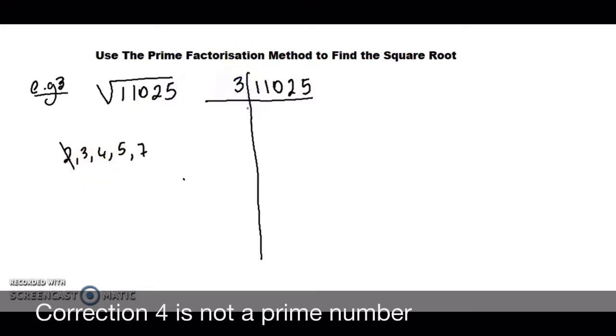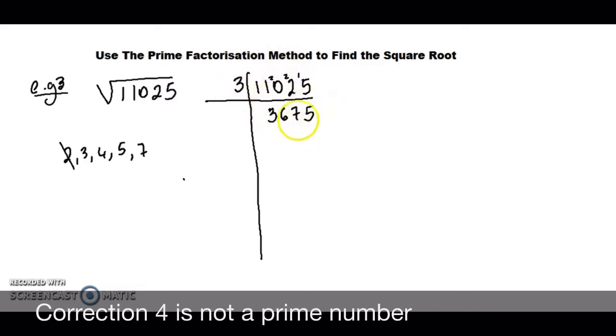So here we're going to go ahead and start our division. 3 into 11 would go 3 times with a remainder of 2. 3 into 20, 6 times with a remainder of 2. 3 into 21 goes 7 times with a remainder of 1, and 3 into 15 goes 5 times.